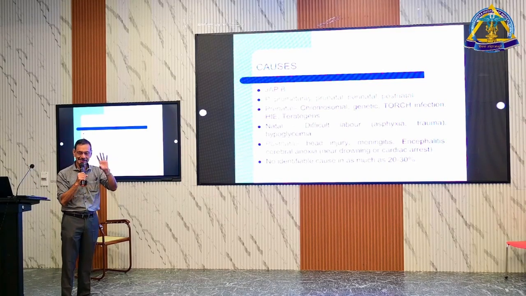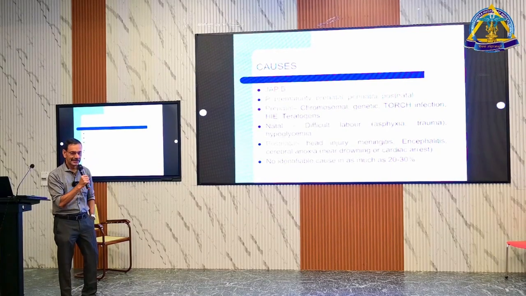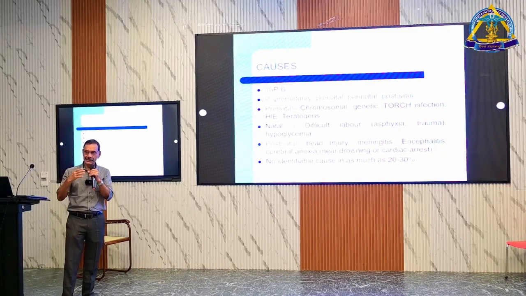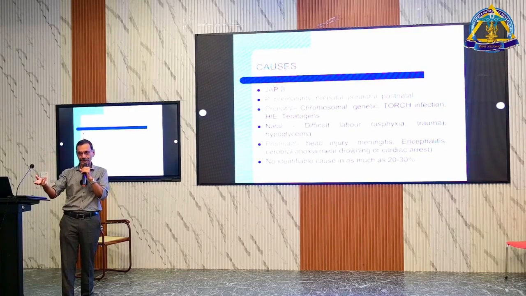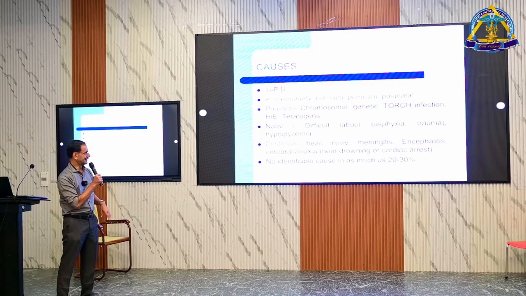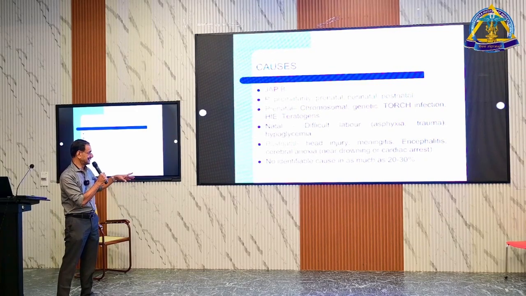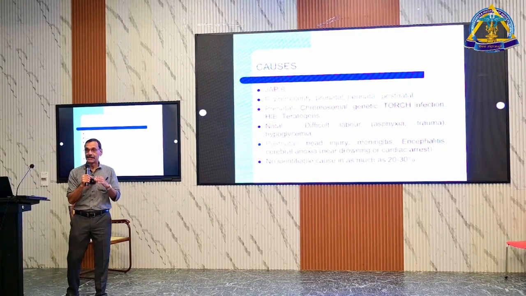So birth asphyxia doesn't mean that it is happening during delivery. That's a very important concept. And perinatal, during delivery, in addition to your birth problems, you can have hypoglycemia, or maybe you can have trauma. And postnatal is you can have meningitis, encephalitis, and so on. And cerebral anoxia.